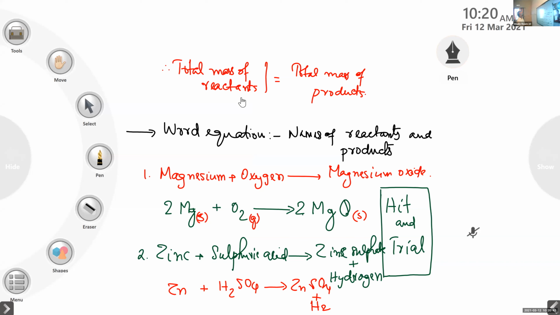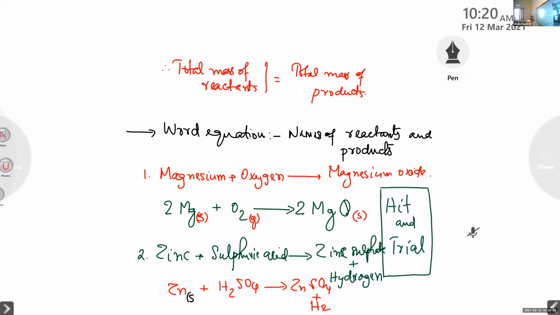Zinc granules, small pieces of zinc, that is solid state. So Zn, S for solid. State equation, we are writing the state. Zn, solid. It is not sulfur.